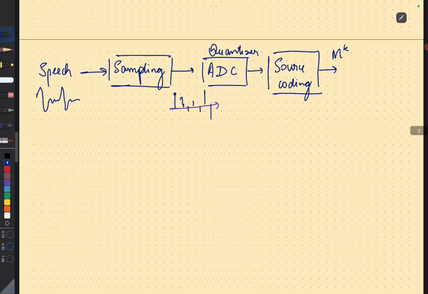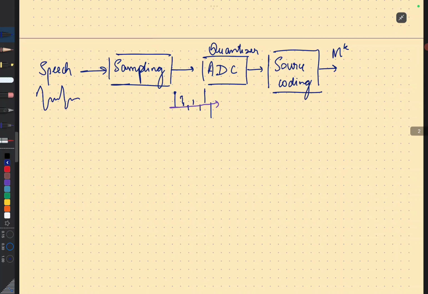And once you get this sequence of k bits, this is typically fed to a channel coding block. All right, where the goal is to intentionally add some kind of redundancy into this particular system. Right? We'll see why redundancy and how it helps, but this is just to give the big picture.